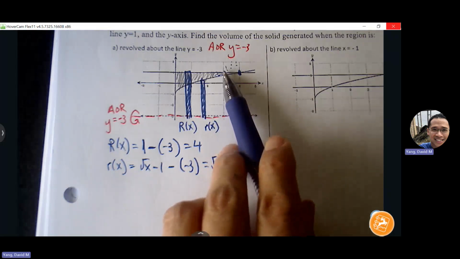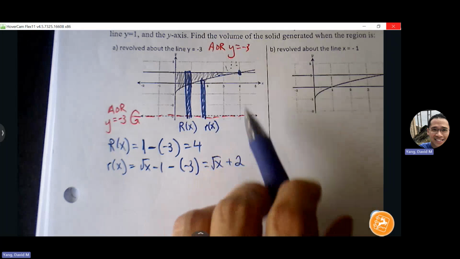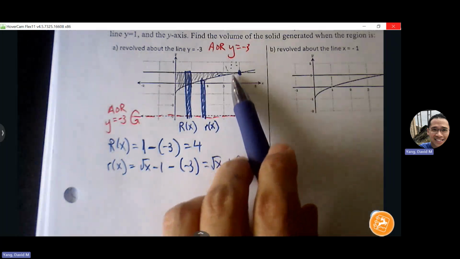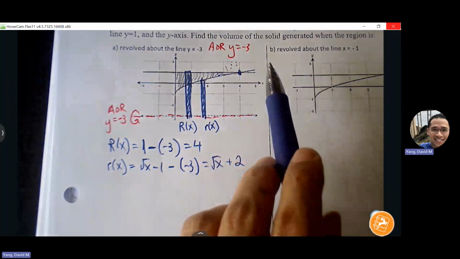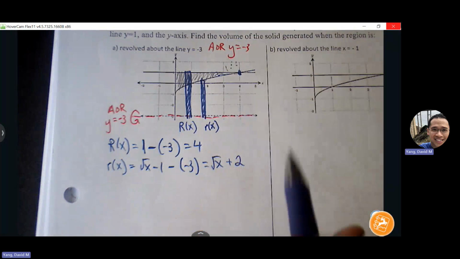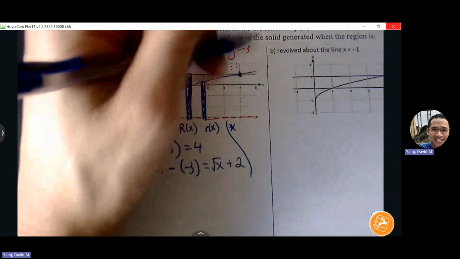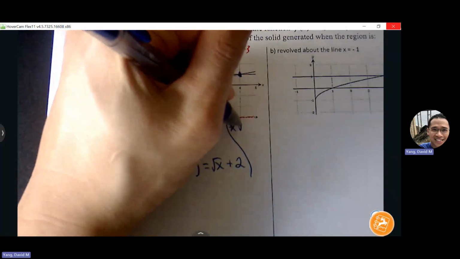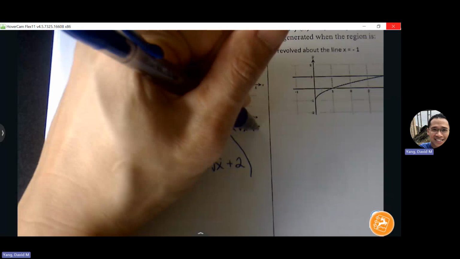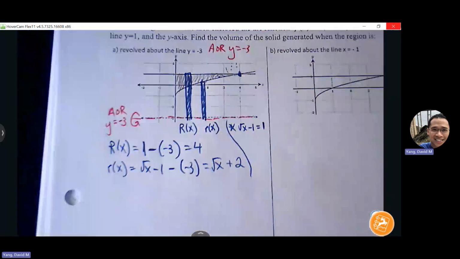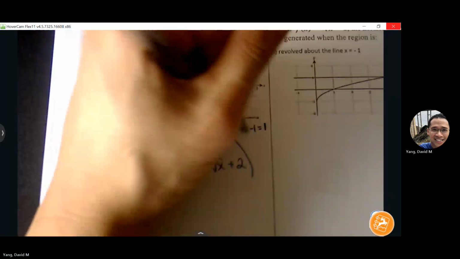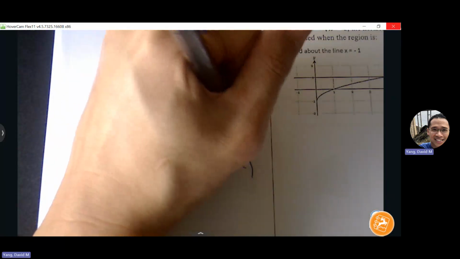Yeah, set them equal to each other. Or you can graph y equals 1 and y equals root x minus 1 and just look for that intersection, using the second trace intersect feature. But I want to show the work here. If I want to do this by hand, I would set 1 equal to root x minus 1. Bring the negative 1 over.